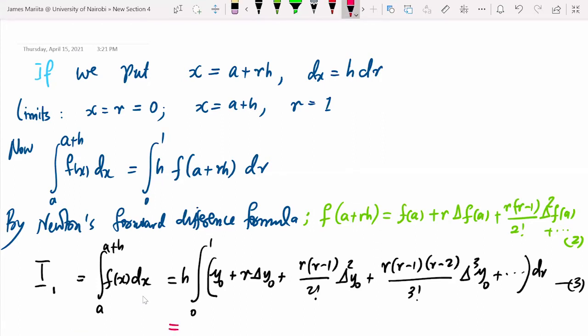So this is equal to h times y naught plus a half y1 minus y naught, plus 0 plus 0 plus 0 and so on.